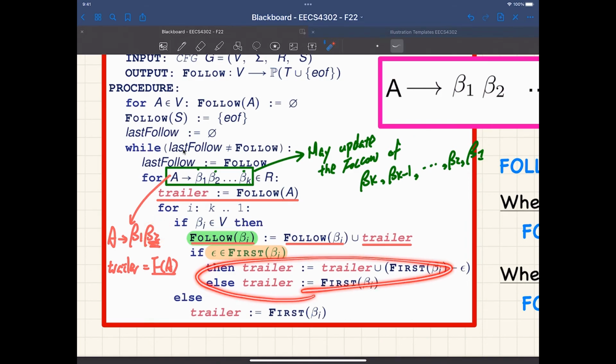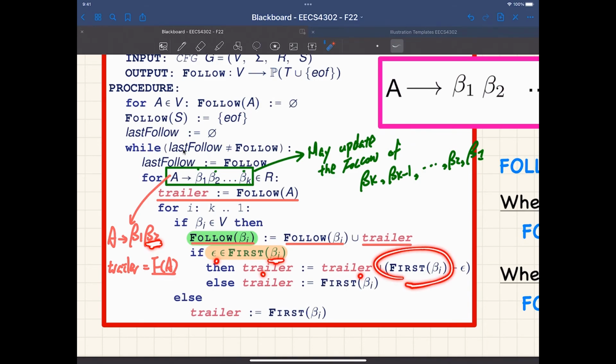If the beta I, which is the current beta 2 we are looking at, is nullable, that means the trailer has to be accumulated by the first of this. So later on, once we go to the next iteration, the follow of beta 1 is going to get this particular trailer, which will include both the first of beta 2 and the follow of A.